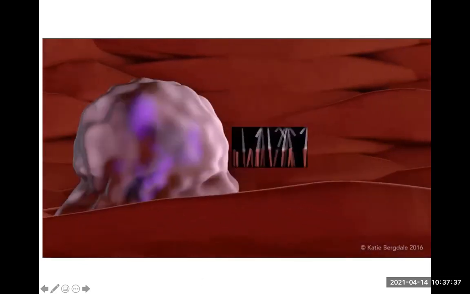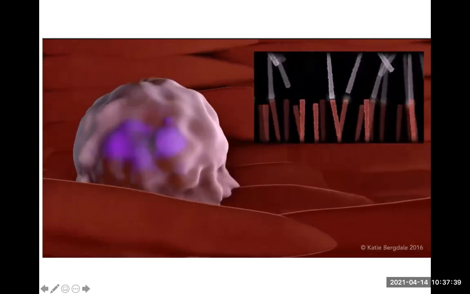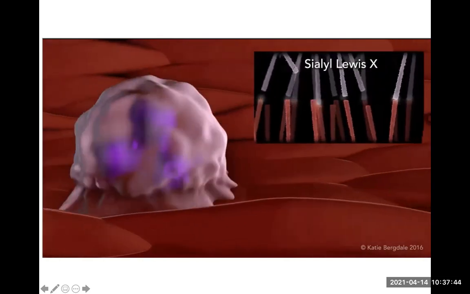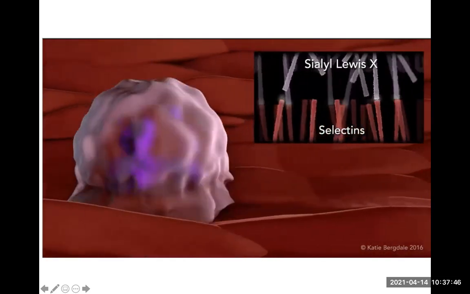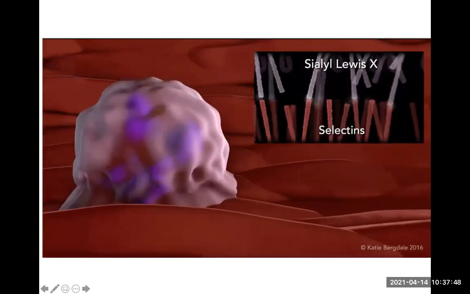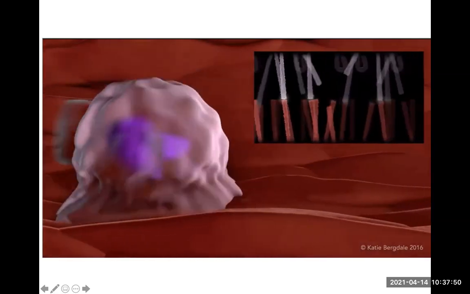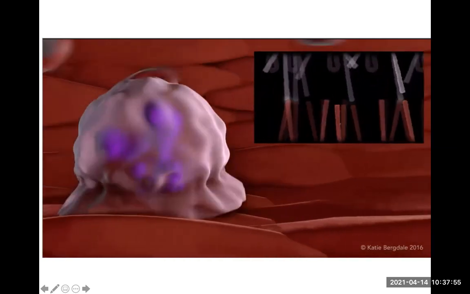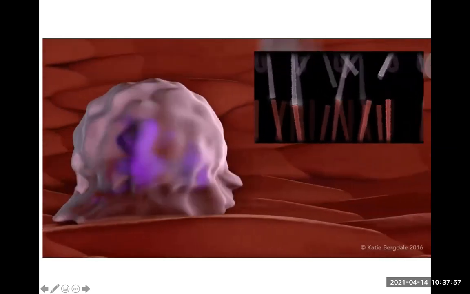The neutrophils are slowed down by the formation of weak transient bonds between Lewis X, a carbohydrate expressed by neutrophils, and selectins, adhesion molecules produced by endothelial cells. The force of blood flow causes neutrophils to roll along the endothelium, causing new interactions to form while old ones break.